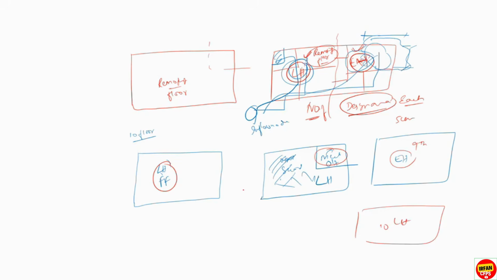So in this scenario, how many calculations will you perform? Even though your extra hazard occupancy is not on the remotest floor, you have to perform the hydraulic calculations considering the ninth floor extra hazard area, because in extra hazard the flow requirement will be more as compared to ordinary or light hazard.